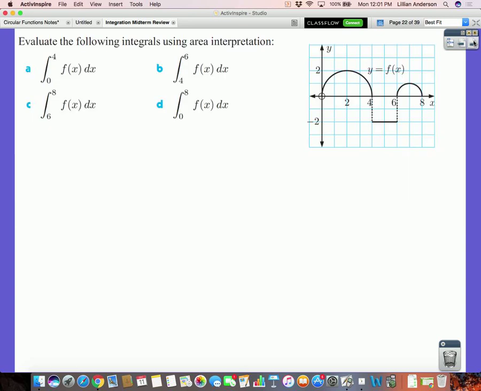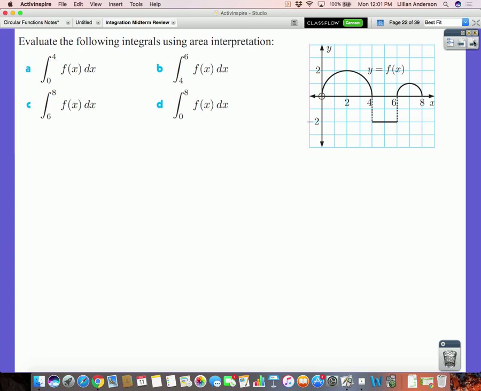The first thing that we visited when we were doing definite integrals was we looked at it graphically, geometrically. So when you see something like this, we have a graph. You see we have 2 semicircles and almost like a rectangular type shape.